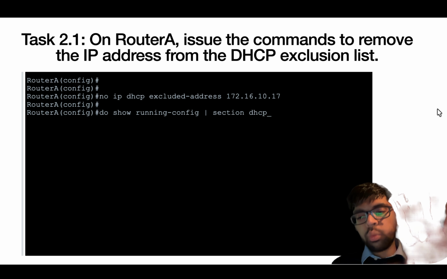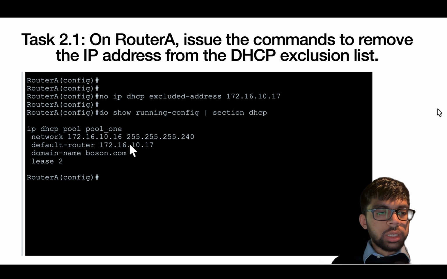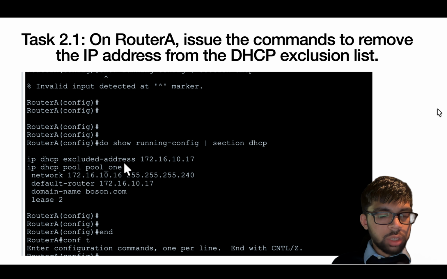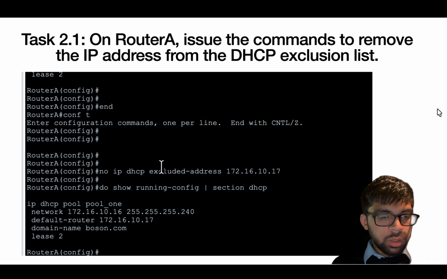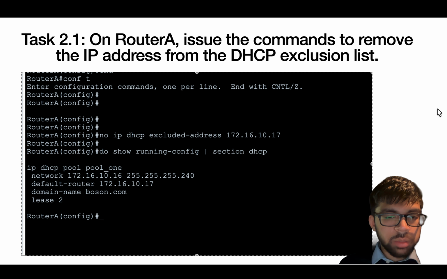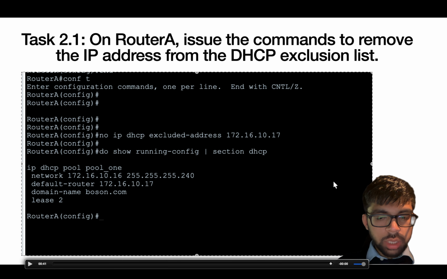We're not excluding it, we're taking it out of the excluded list. And now we do that show running config. And what do we see here? We see output. We see information about that pool.